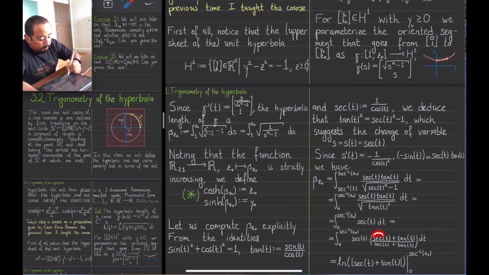So after fixing everything, we multiply by this 1, and then one sees that on top one has the derivative of the denominator. So the integral becomes the natural logarithm of the absolute value of the denominator, right? Okay, so one arrives here. Fair enough.